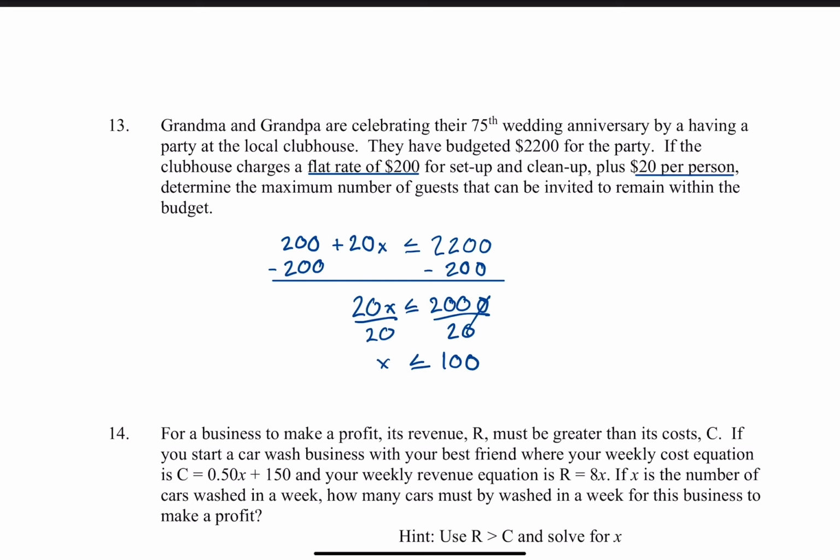So in this case, x is less than or equal to 100. So determine the maximum number of guests that could be invited and remain within budget. So at most 100 guests can be invited.